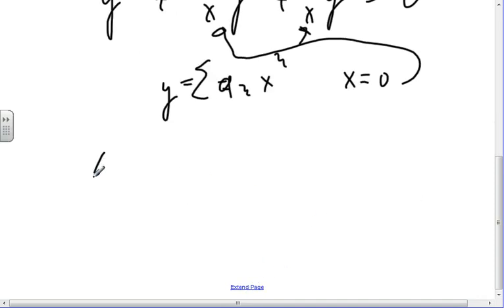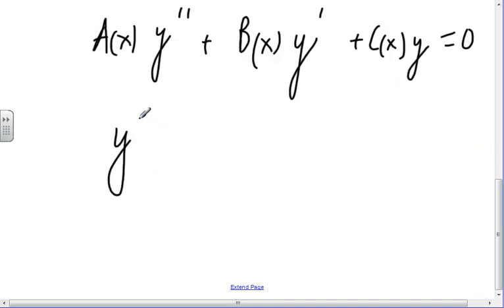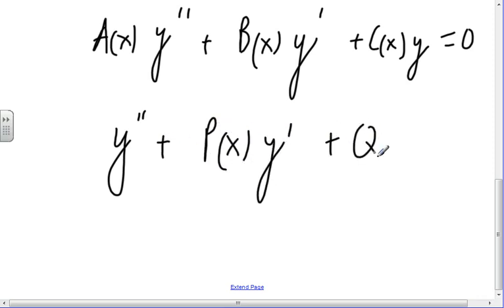So if I have an equation in the form a x y double prime plus b x y prime plus c x y is equal to 0, I have to put that equation in the form y double prime plus p(x) y prime plus q(x) y, like that.